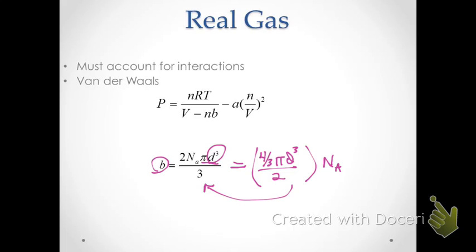Now, what's key about this particular equation, of course, is that it does represent a more accurate expression for the behavior of a gas. But remember, the ideal gas law was independent of the identity of the particle.